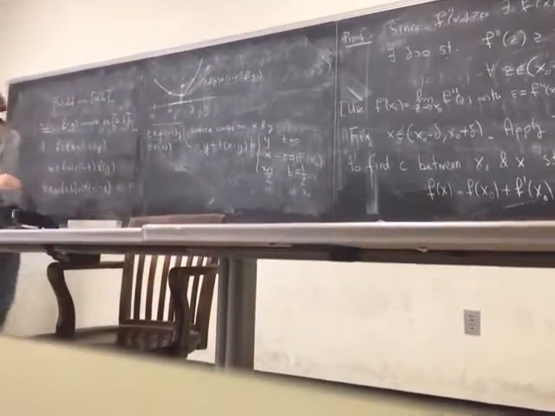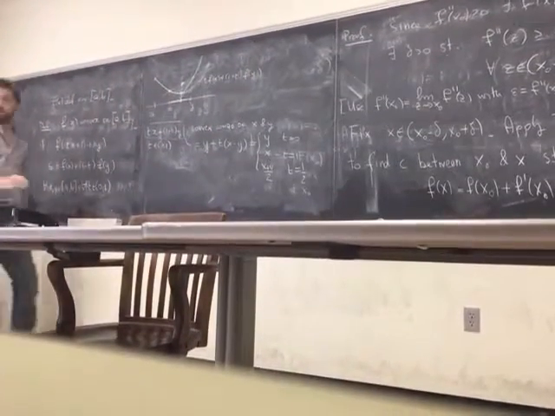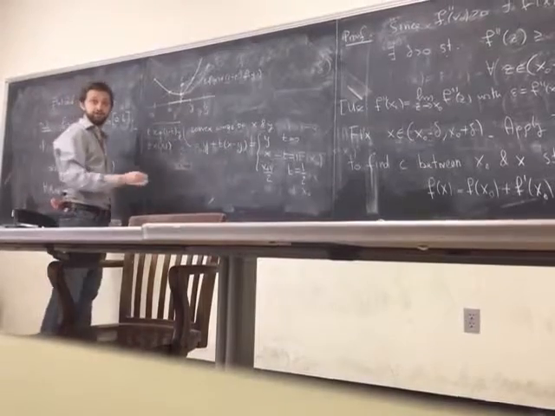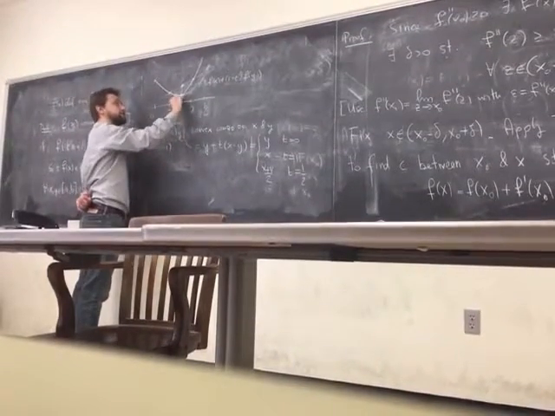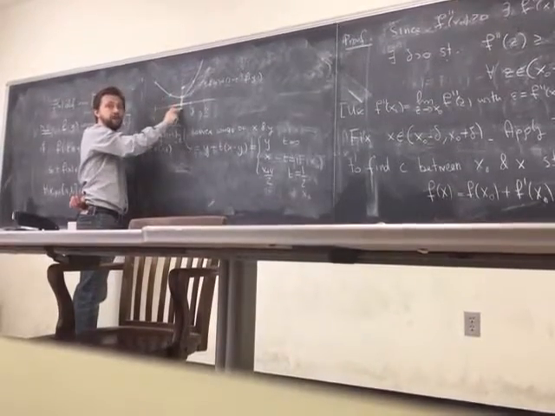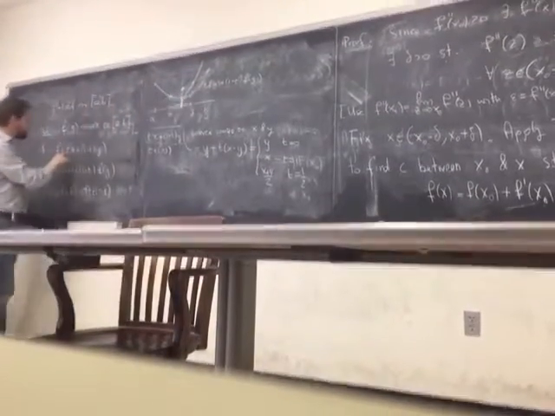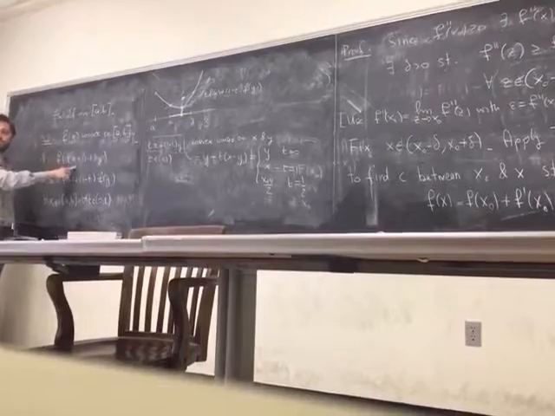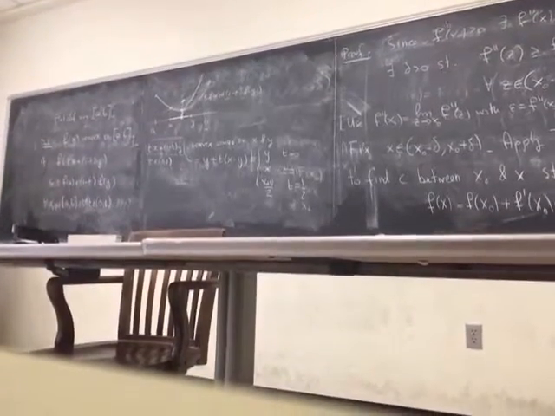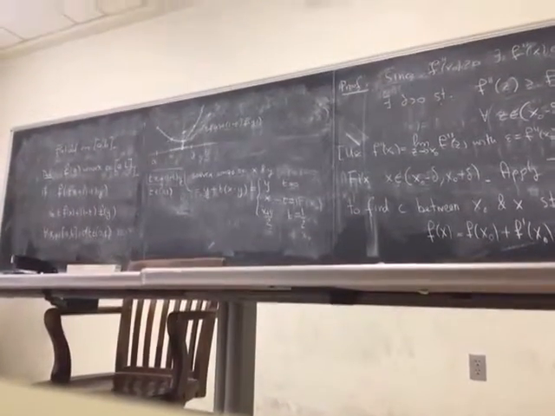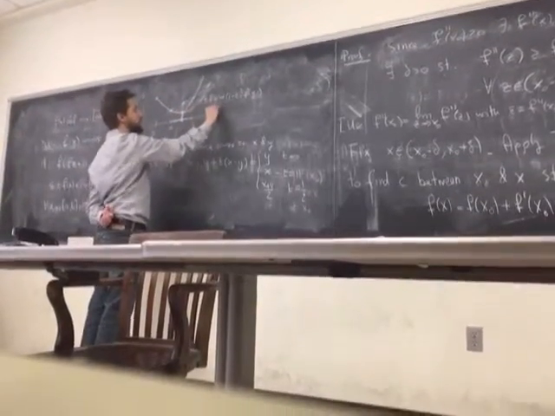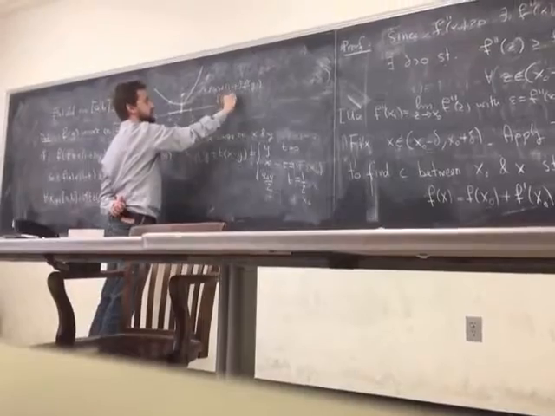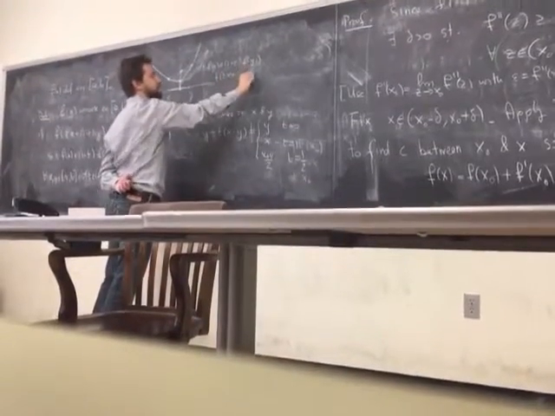So what this definition means is that when you have a convex function, you fix 2 points x and y, and you compute your function at some convex combination of them, then the value of f at the convex combination is less than the convex combination of the values of f at the extreme points. So this point at the bottom will be f of tx plus 1 minus ty.